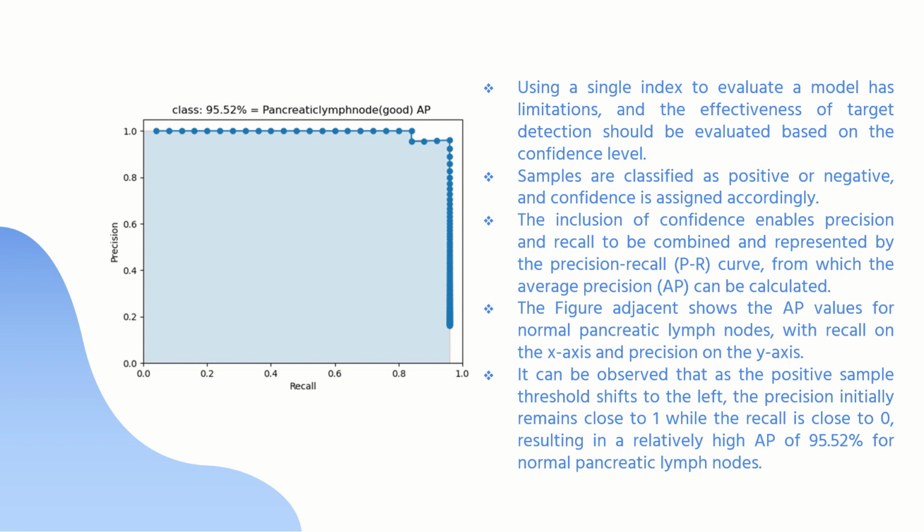Here, the abscissa represents the recall rate and the ordinate represents the precision rate. It can be found that as the positive sample threshold point shifts to the left, the value of the precision is initially very close to 1, and the recall rate is very close to 0, and the average precision of normal pancreatic lymph nodes is very high, approximately 95.52%.